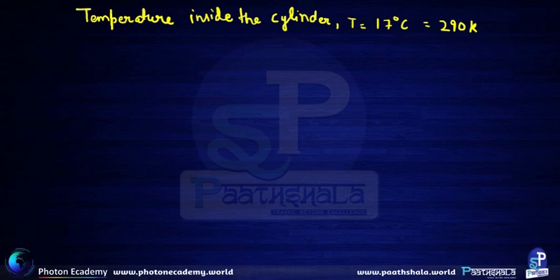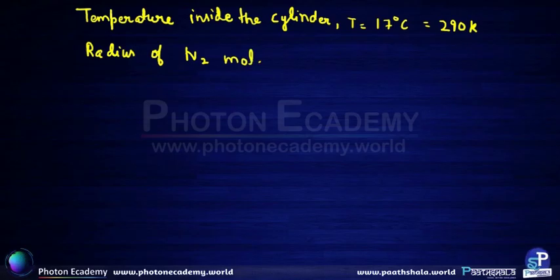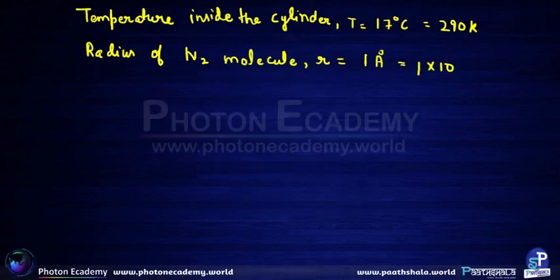The radius of a nitrogen N2 molecule, we take it as R, is given as 1 angstrom. 1 angstrom is equal to 10 to the power minus 10 meter. So 1 into 10 to the power minus 10 meter.